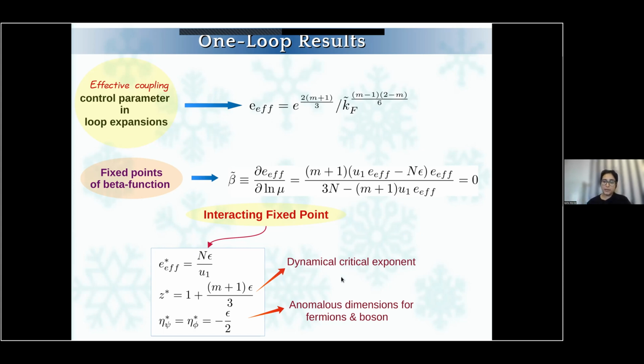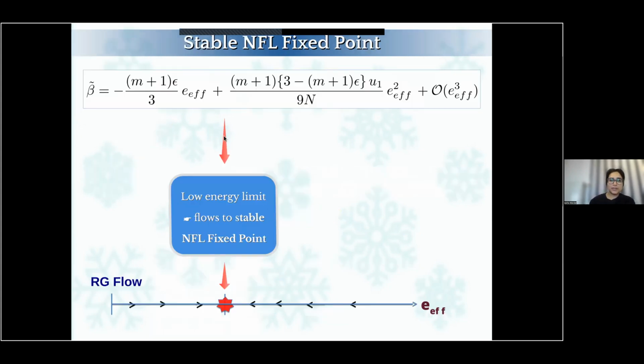We also computed the dynamical critical exponent and the anomalous dimensions for both the fermions and the bosons at this interacting fixed point. Now, we can also show that this interacting fixed point is a stable fixed point. That means the RG flows are towards this fixed point, whereas the Gaussian fixed point is unstable because the flows are away from it.